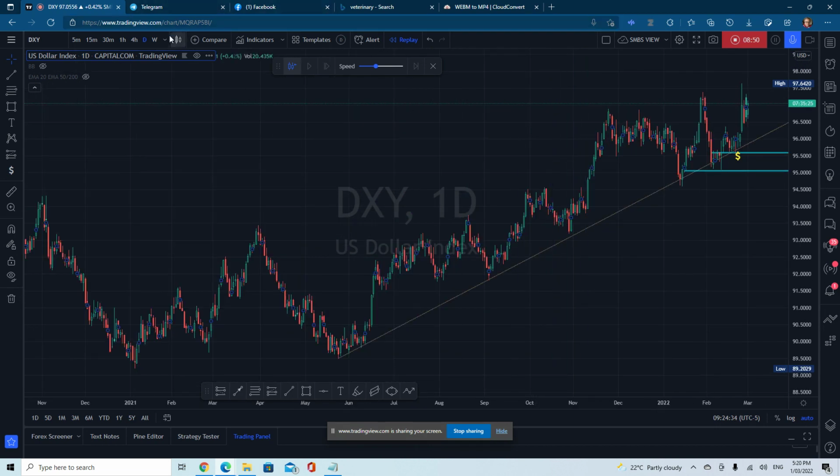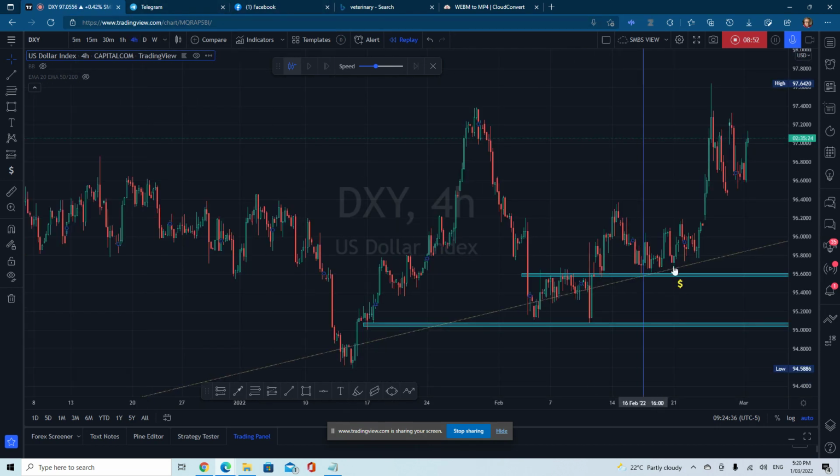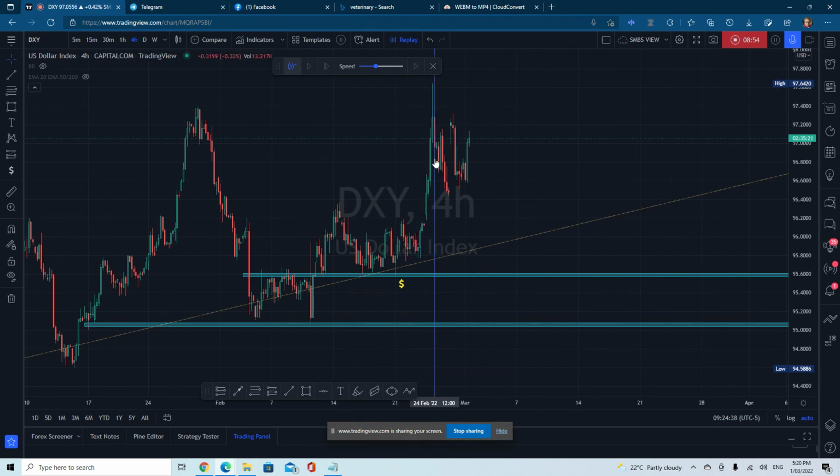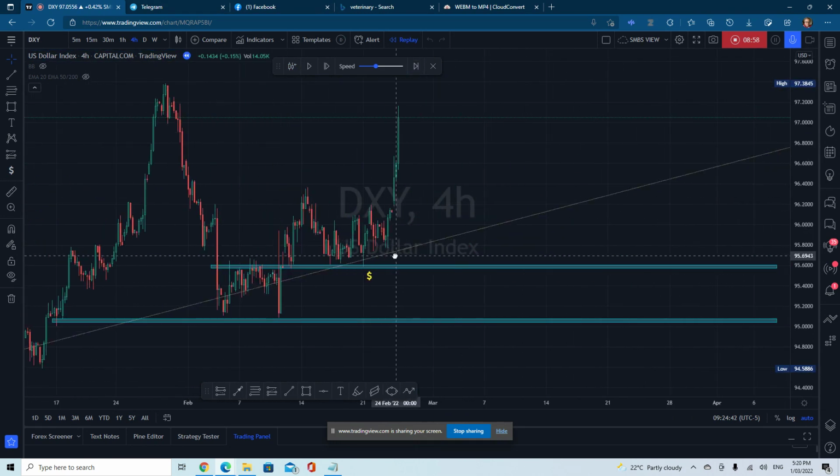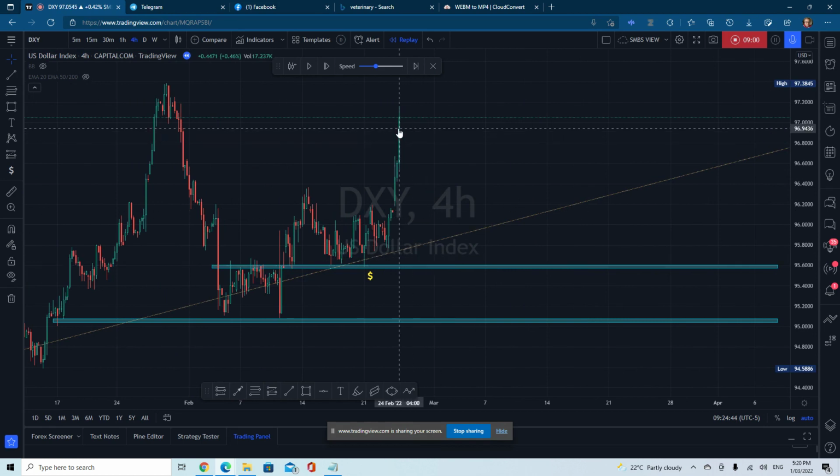Let me drop down a little bit to a 4-hour time frame and see if you can replay the market from there. Yeah, good. On a 4-hour time frame, it has accepted. So we want to replay the market from the 24th of February. Today is the 1st of March. So let's replay the market and see what happened.